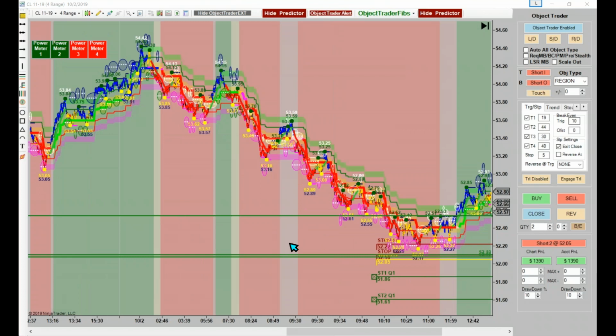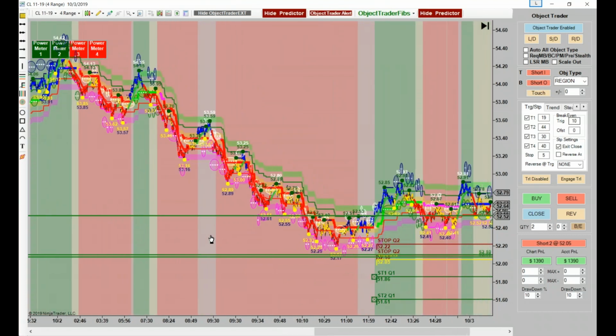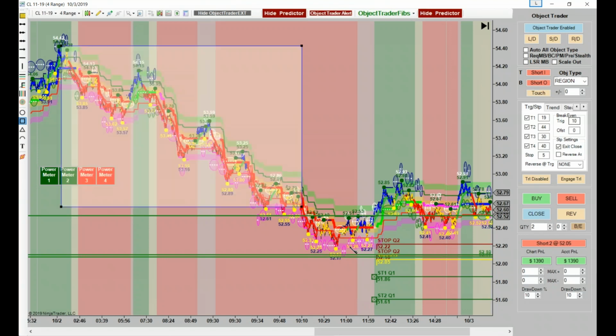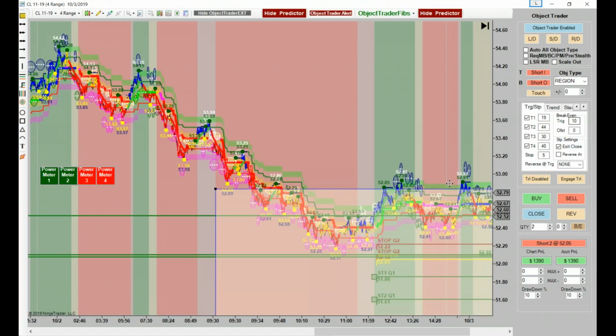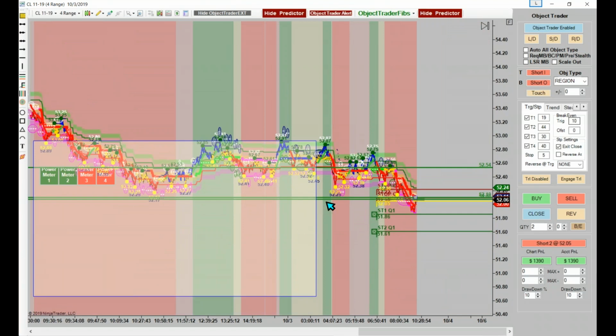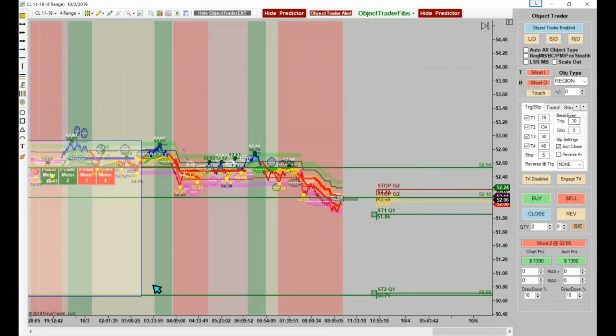Thrust, retrace, thrust. Nothing else. Now what you need to do is you need to draw the smaller one.